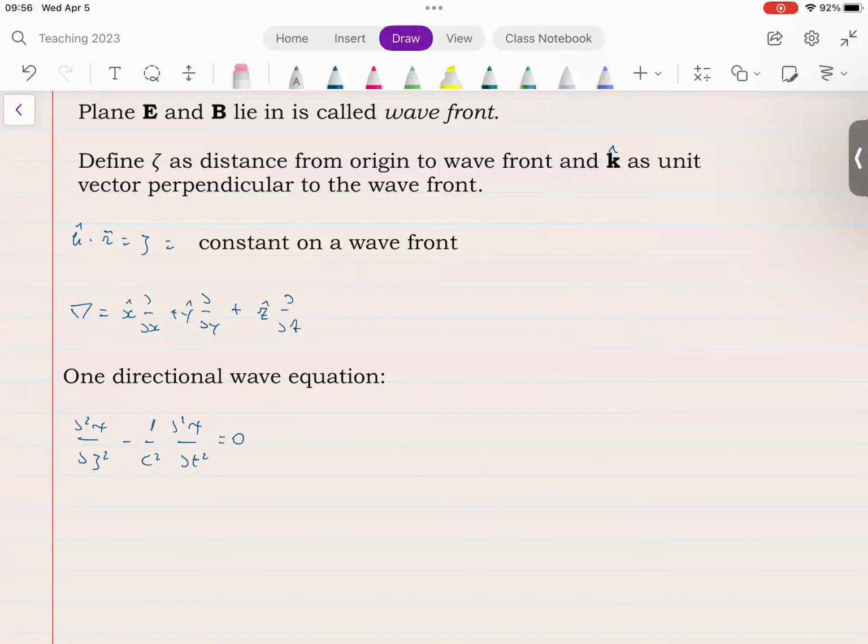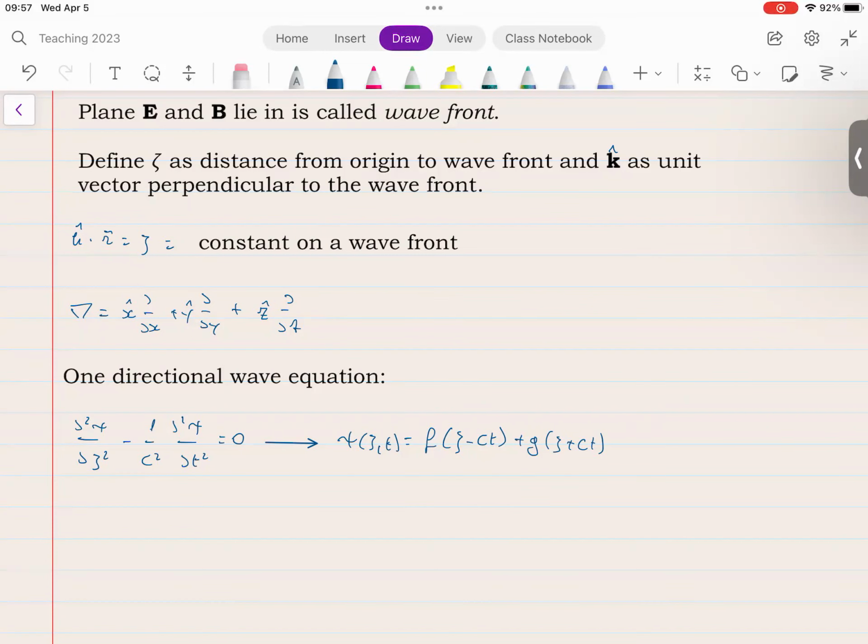And of course, you know what the general solution of this equation is. Psi of zeta and t is equal to a function of zeta minus ct, that's a forward moving wave, plus a function of zeta plus ct, that's a backward moving wave.